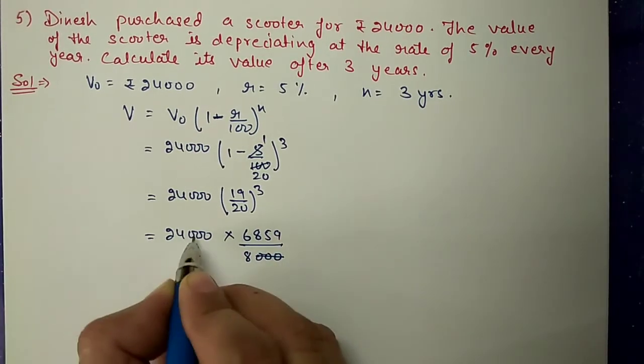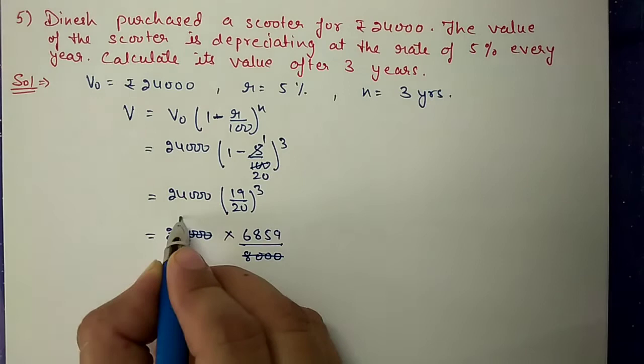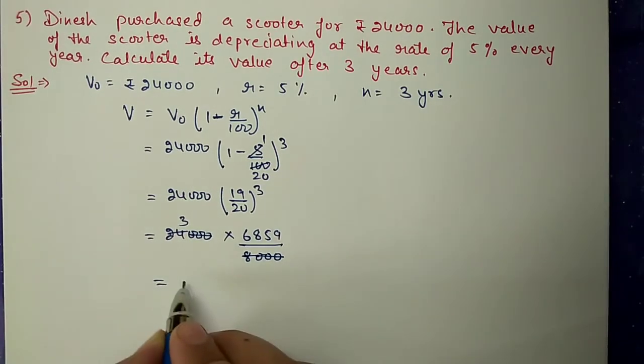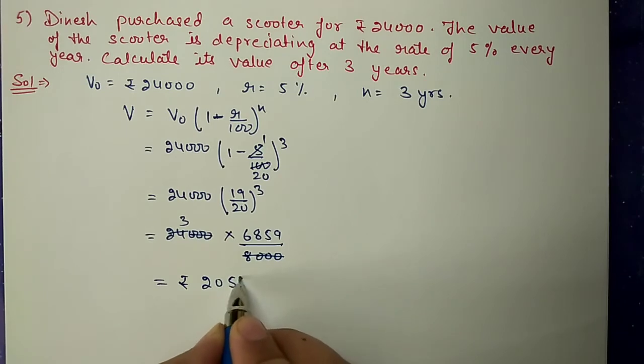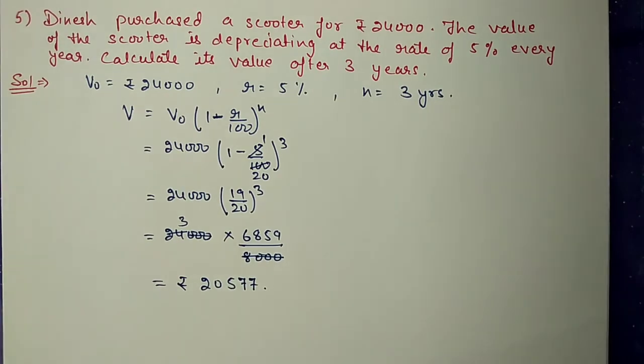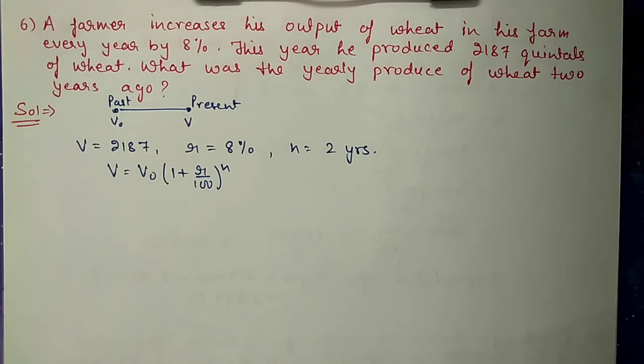Can cancel out 3 zeros directly, 8 3s are 24, and you can multiply this. After multiplication, we will get 20,577 rupees. It means the value of this scooter after 3 years will be 20,577 rupees.